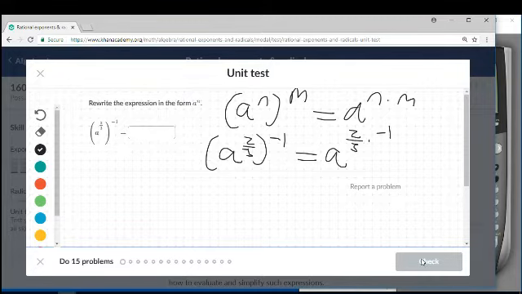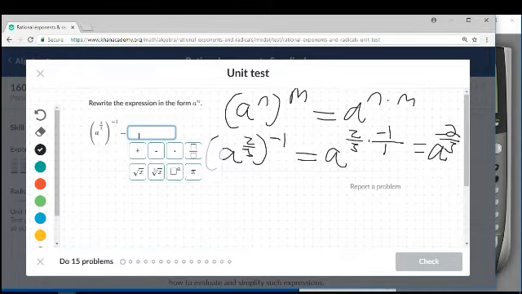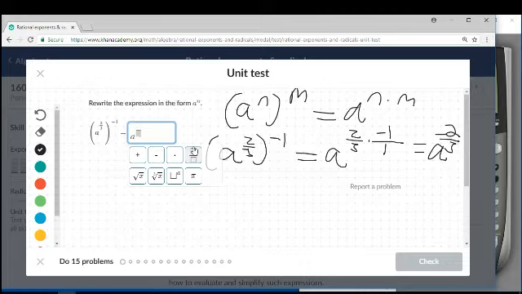And you can look at -1 as -1 over 1. So it's going to be equal to a to the -2/3. And when you get really comfortable with this, you can do this in your head, but you can just do a to the -2 over 3, a to the -2/3.